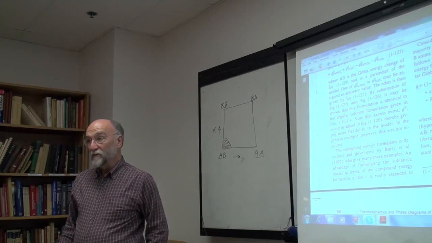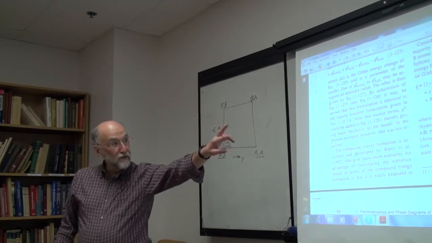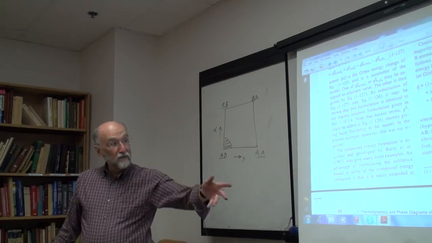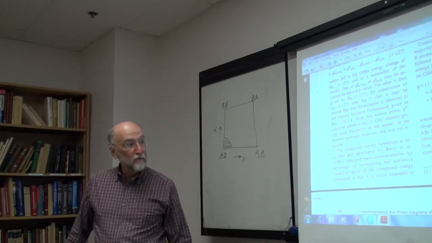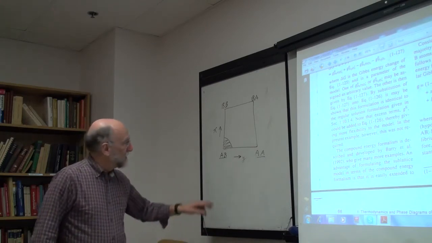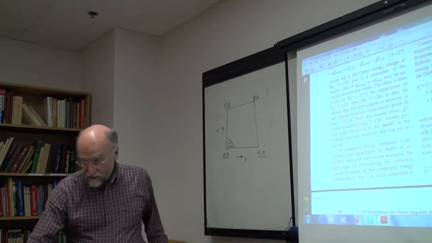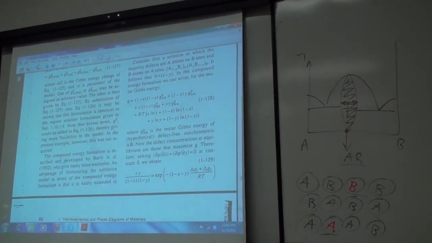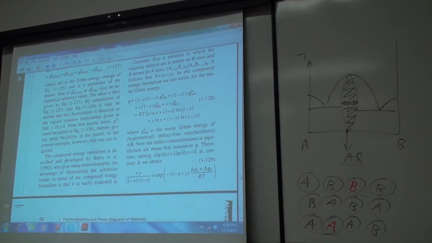It's determined by what minimizes the Gibbs energy. Since forming these substitutional defects increases the entropy, even though the enthalpy of forming them is positive, they have an entropy. So you always get defects. This G naught of AB is not exactly the Gibbs energy of real AB at 50%. It's the Gibbs energy of a hypothetical defect-free AB.